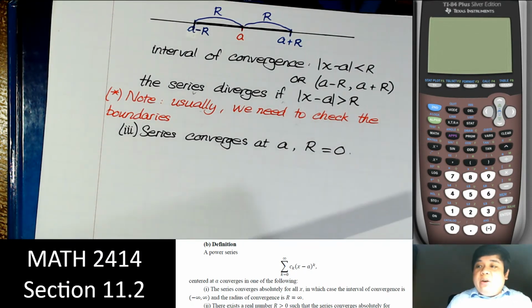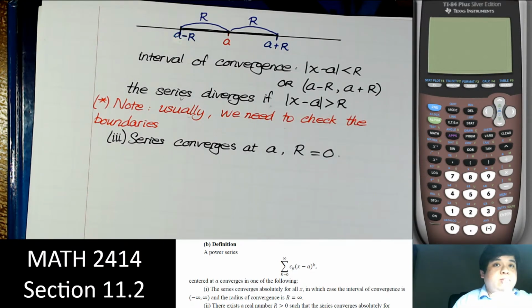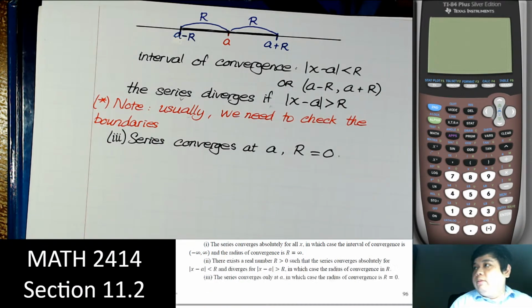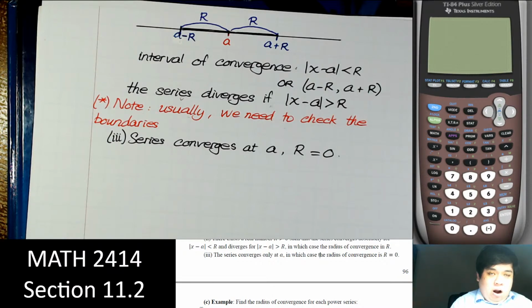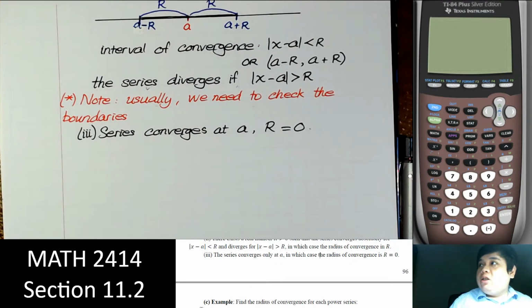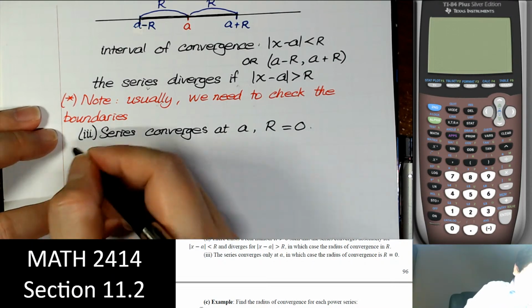So there will be three scenarios for the radius of convergence: infinity, a positive constant, or 0. Right. Now let's see how that works.